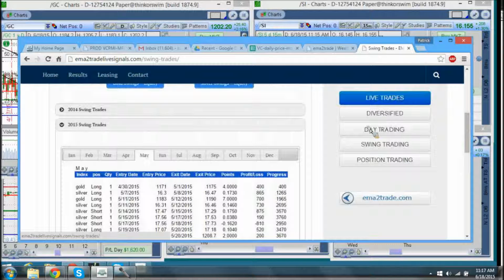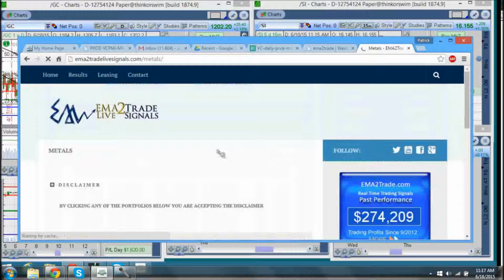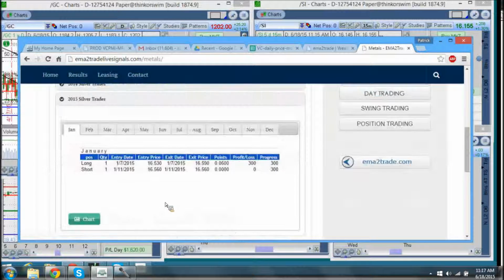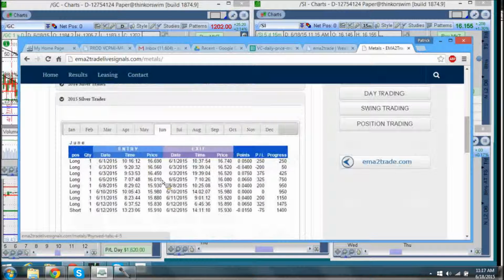You can go to day trading here, the tab, and what this will do is it will give you all the trades once again, completely transparent with their time and sales, entry points and exits.